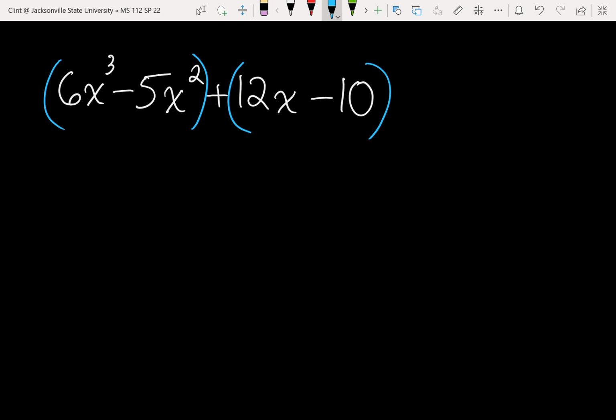And so if we look at the first set of parentheses, anything in common? Six and the negative 5, we don't have anything, but x cubed and x squared, what can we bring out? X squared.